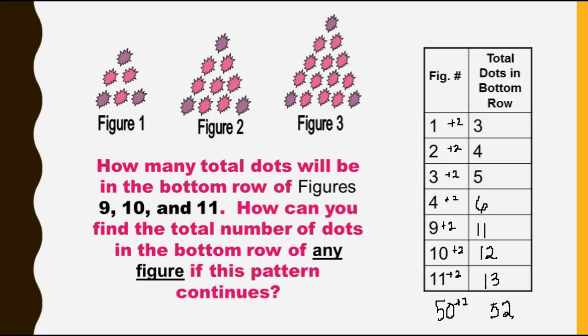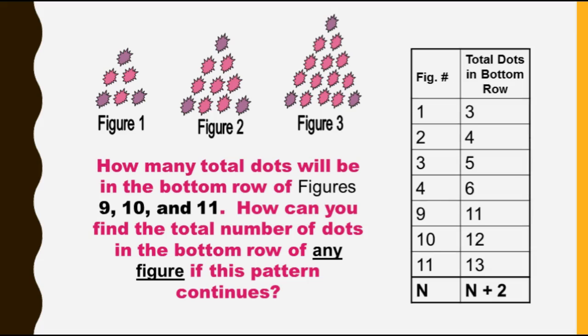Okay, so how can you find the total number of dots in the bottom row of any figure if this pattern continues? So it just gives you a little formula that you could put in. So whatever this is, if you add 2 to it, that would be the total dots in the bottom row, which is what we did.